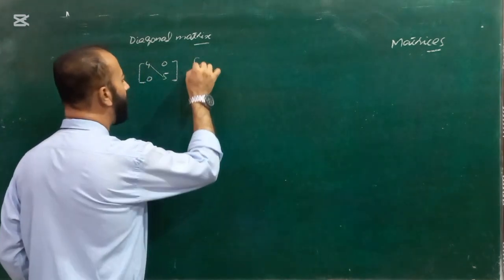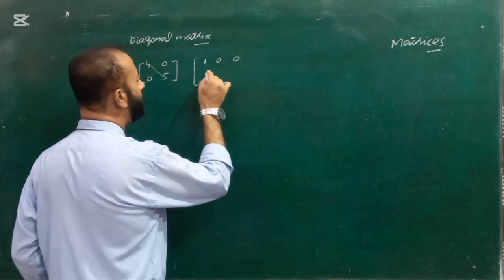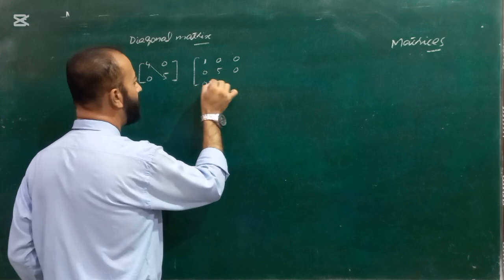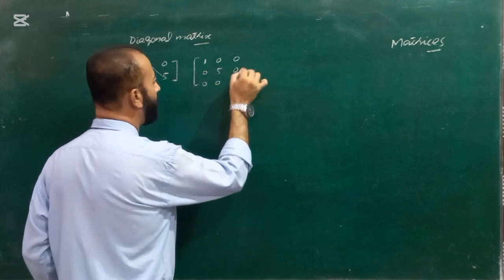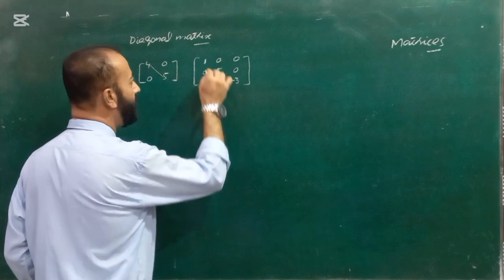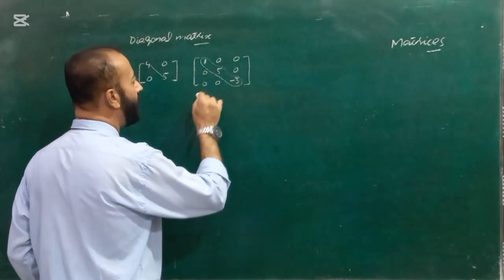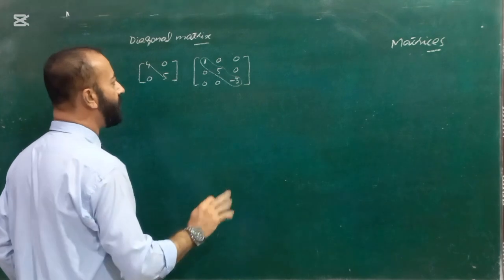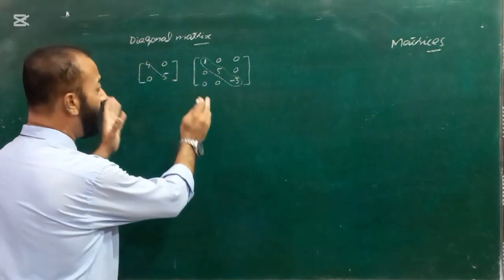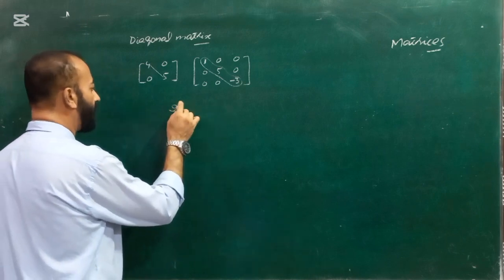For example, here is another example. So 1, 0, 0, 0, 5, 0 and 0, 0, minus 3. So in this matrix you can see the leading diagonal are non-zero and other than the entries are 0. So these kind of matrices are called diagonal matrix. Another type almost same is called identity matrix.